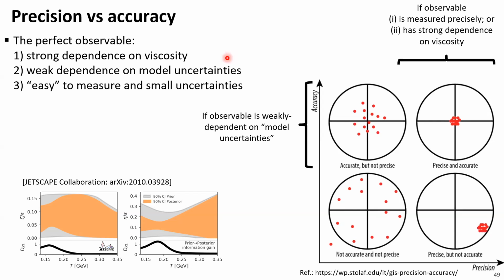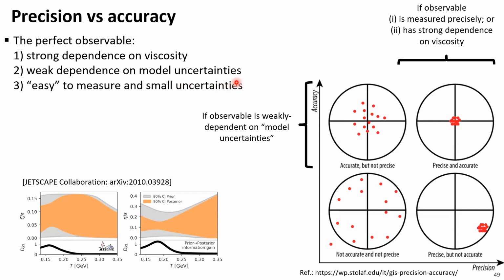So it could be that a pT differential observable depends strongly on viscosity, which is excellent, right? You can constrain viscosity. You also need something that's easy to measure and has small uncertainties. Also, I think pT differential observables can. Right. I mean, you also need something that doesn't depend too much on aspects of your model that you know are still under investigation. Right. And I think that's the problem.